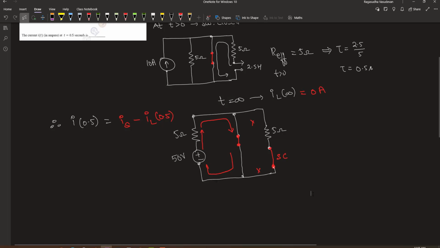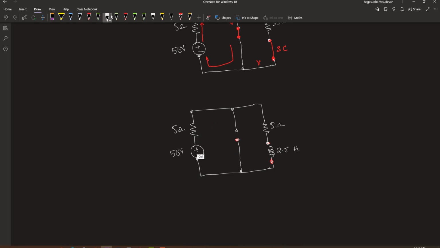Let's see what happens before the switch is thrown, or when time t is less than 0. When the switch is open, the source supplies power to the inductor and the inductor is getting charged. So, when the inductor is completely charged, it can be replaced with a short circuit.